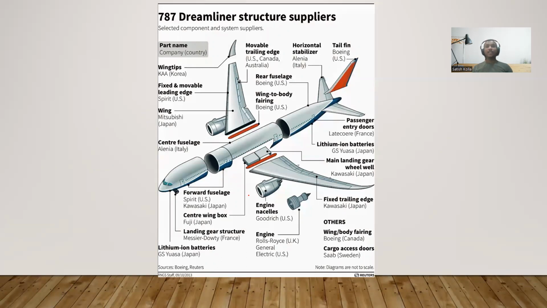So as you can see, the countries are spread across the world, which includes Korea, US, Japan, Italy, UK, Sweden, France, Australia, Canada. Lots of countries and lots of companies across the world are involved in providing the suppliers, the infrastructure, and the required configurations for building one single 787 Dreamliner.